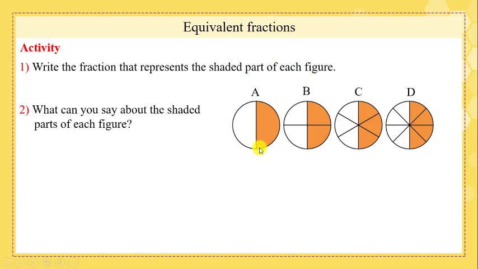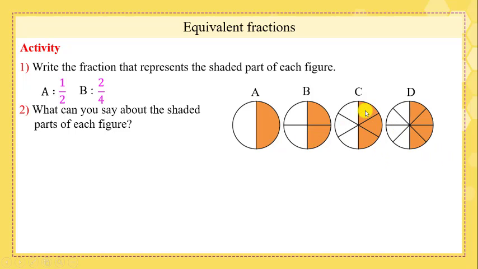Let's start with figure A. In figure A, one of the two equal parts is shaded, so the fraction that represents the shaded part is 1/2. In figure B, 2 out of the 4 equal parts are shaded, so the fraction is 2/4.